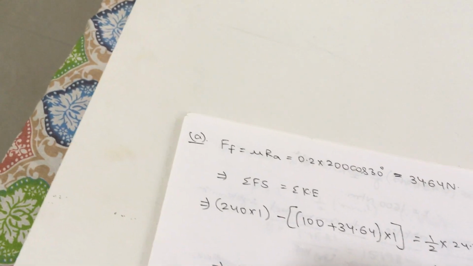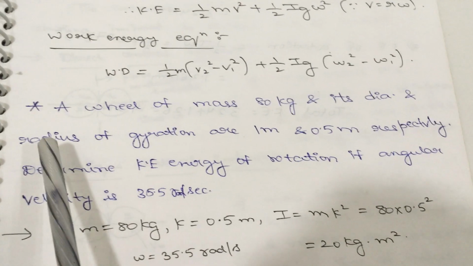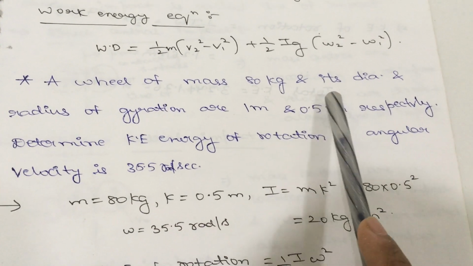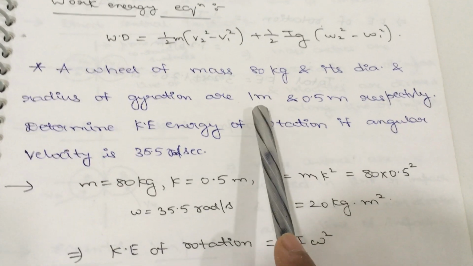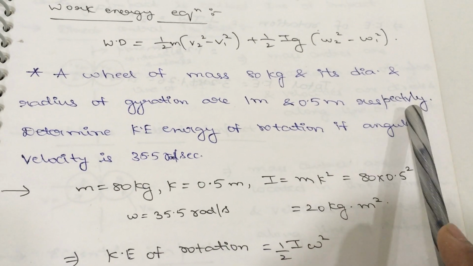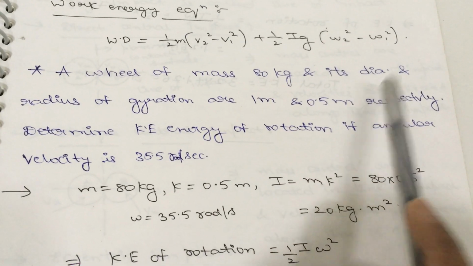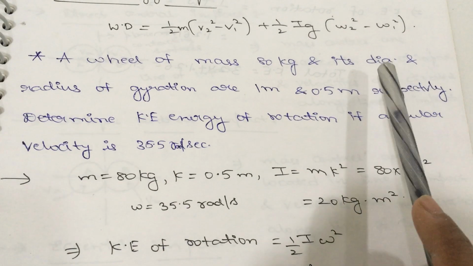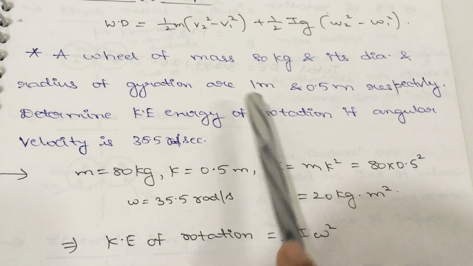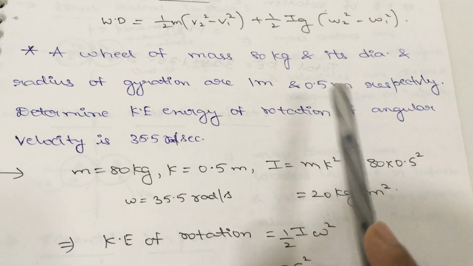Now we will see one more problem which is related to plane motion. So here a wheel of mass 80 kgs and its diameter and radius of gyration are given as 1 meter and 0.5 meter respectively. So mass value is given as 80 kgs and diameter value is given as 1 meter and the radius of gyration value is given as 0.5 meter.